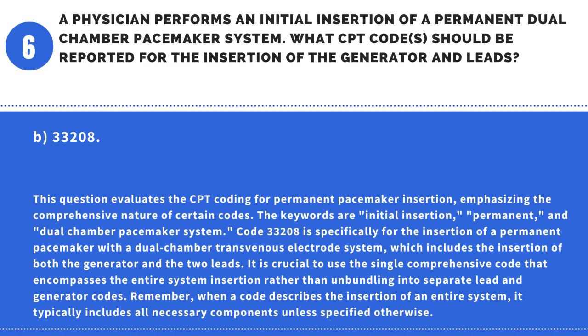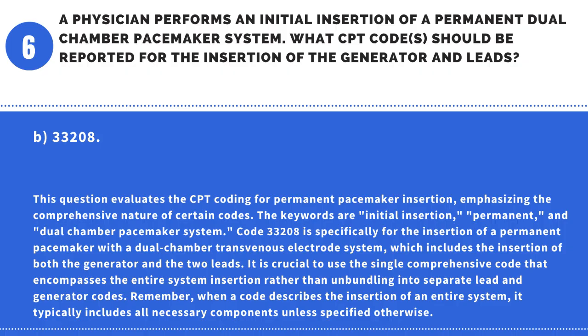Answer: B. 33208. This question evaluates the CPT coding for permanent pacemaker insertion, emphasizing the comprehensive nature of certain codes. The keywords are initial insertion, permanent, and dual-chamber pacemaker system.